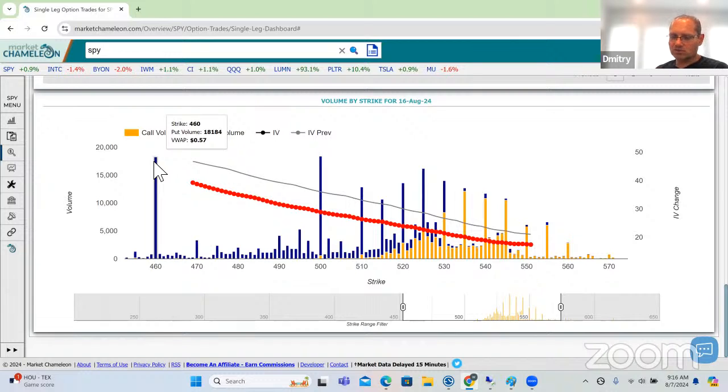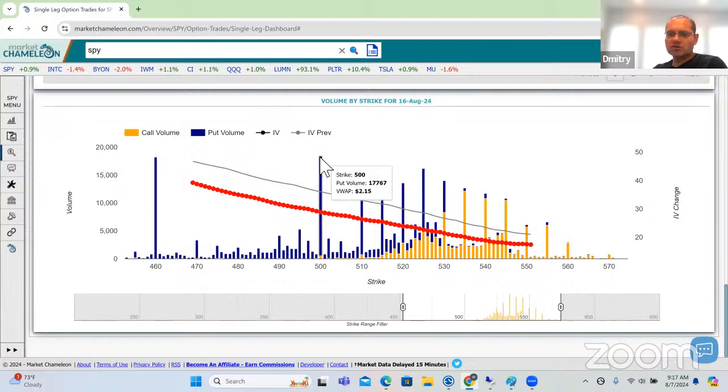That's in the 460 put. Go to the 500, we see 17,767 put contracts traded for a VWAP price of $2.15.